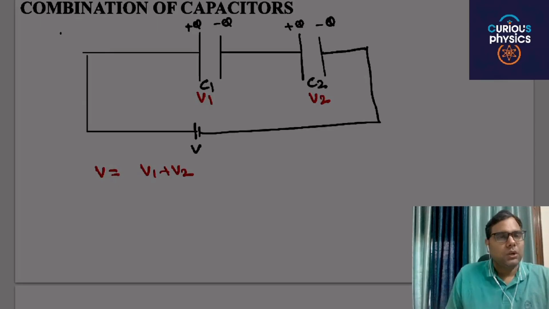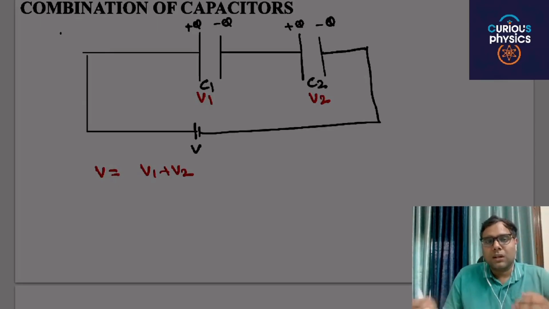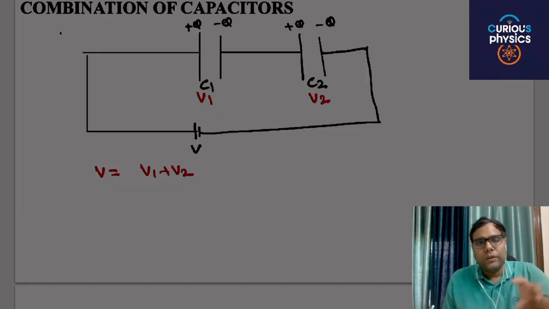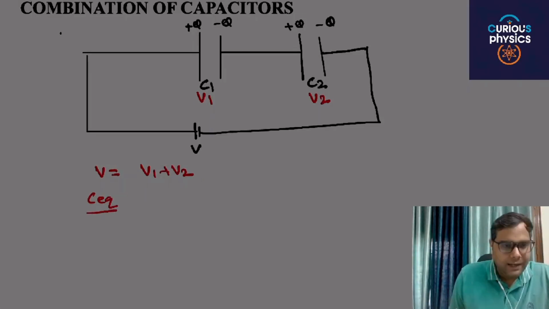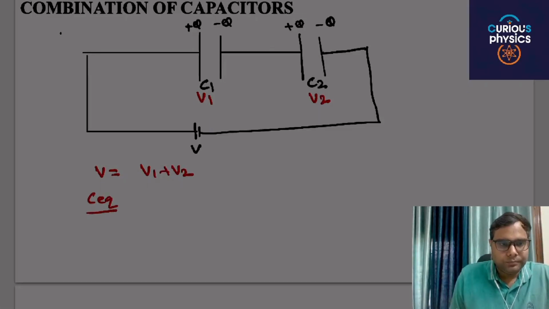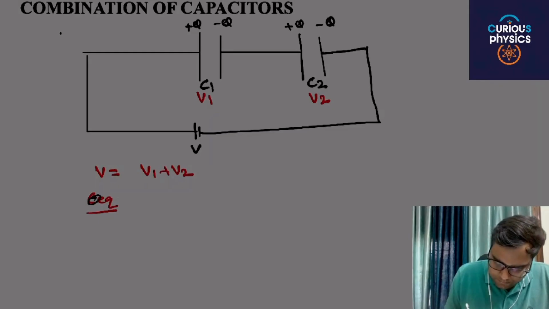This particular V is the sole reason behind the moving of charge across those particular capacitors. And let this V be related to C equivalent, where Q is the total charge.